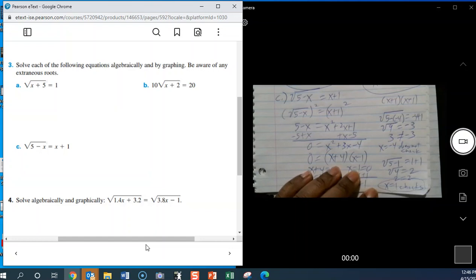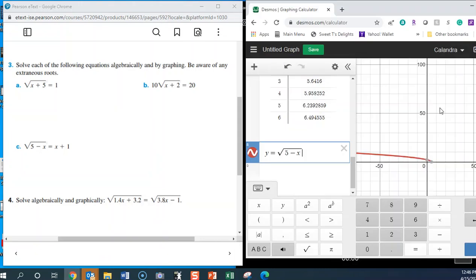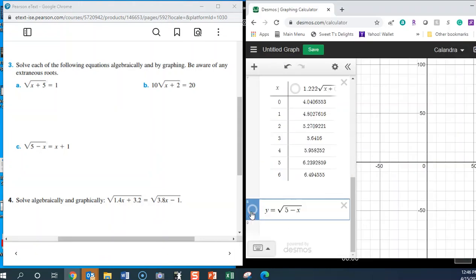So now, the last part of this activity, we were supposed to do this in our calculator. So I'm going to pull up our calculator, and I'm going to turn this off. I'm just going to graph the last one.